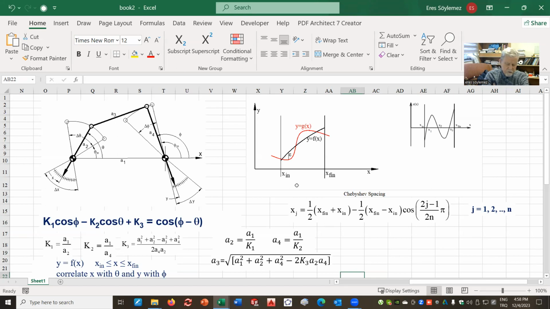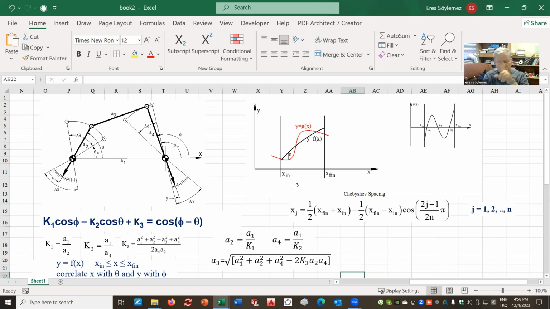K1 is equal to A1 over A2, K2 is equal to A1 over A4, and K3 is equal to A1 squared, A2 squared minus A3 squared plus A4 squared divided by 2A4, A2. If you have determined K1, K2, K3, the link lengths can be obtained from these equations.